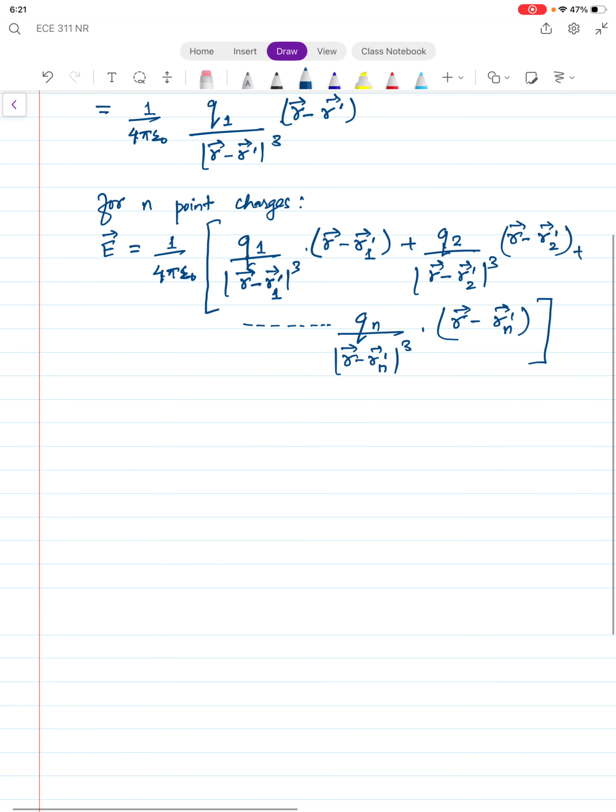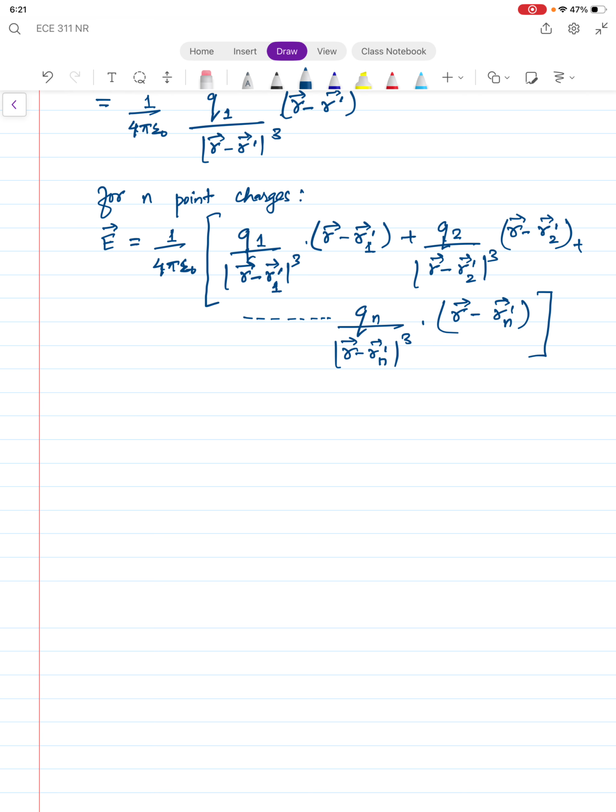Alright, so now I can combine this into a summation form. 1 by 4 pi epsilon 0 is common, summation i equals 1 to n, and this becomes q sub i divided by r minus r prime i cubed times r minus r prime i.